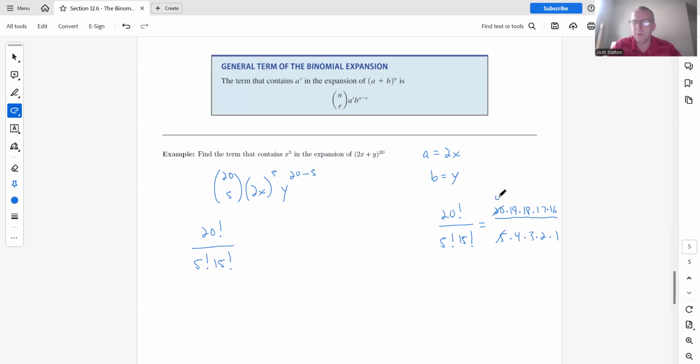So 5 and 20, that'll leave a 4 on top. 4 and 16 will leave a 4 there. And then 3 and 18 will leave a 6. And then 2 and 6 will leave a 3. So we have 4 times 19 times 3 times 17 times 4. If you don't like that, you can multiply it all out. It's not a big deal. Although maybe with 20 that might not be wise, but you can do it. So we get 15,504.